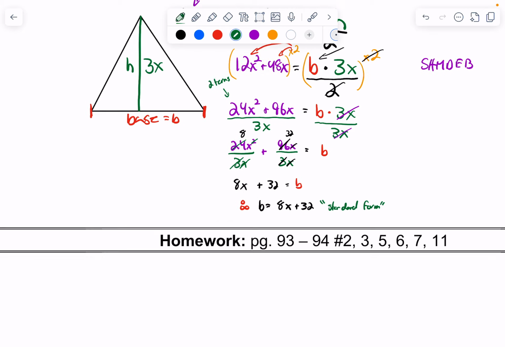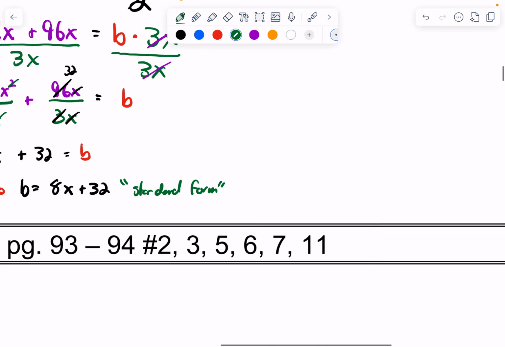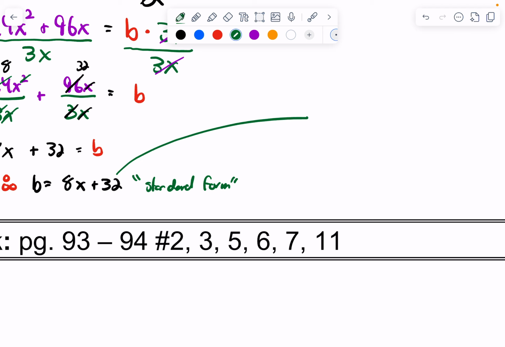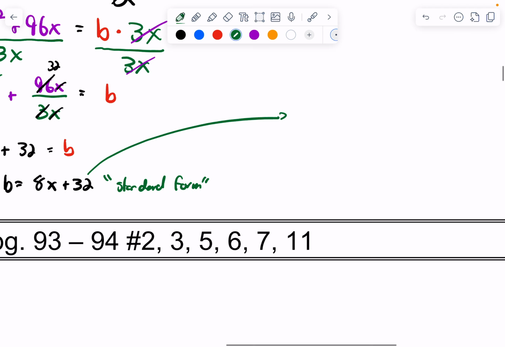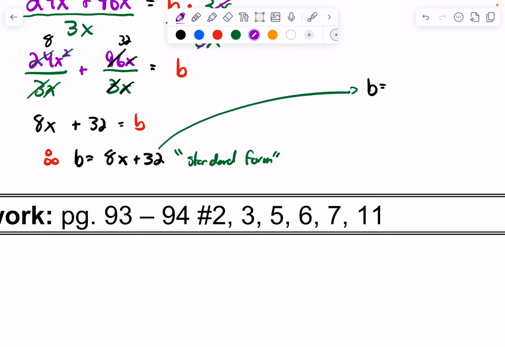Did the question ask for factored? What is the length of the base? No. But let's say if it did, all right? If I wanted to put this into factored form, because this whole lesson's been on factored form, well, you'd have B, look for your GCF here, so 8 and 32. What is the biggest number that you can pull out?